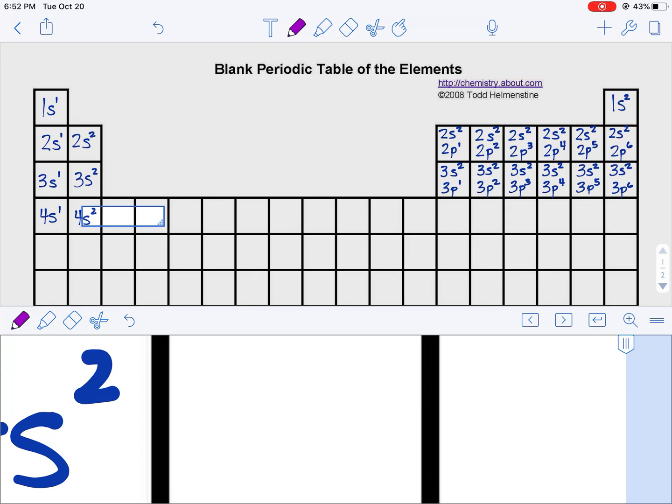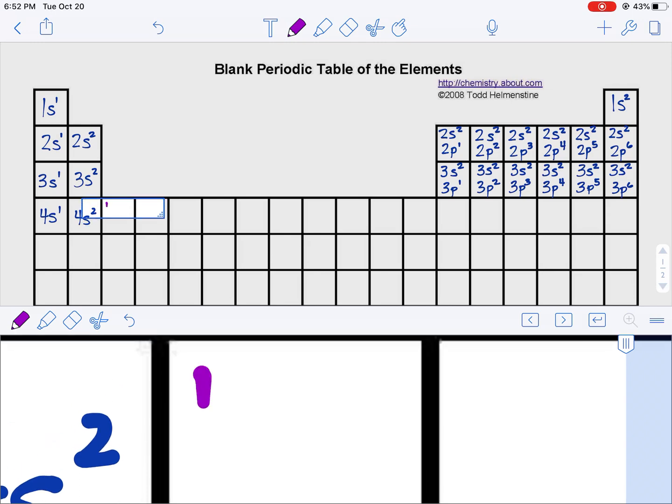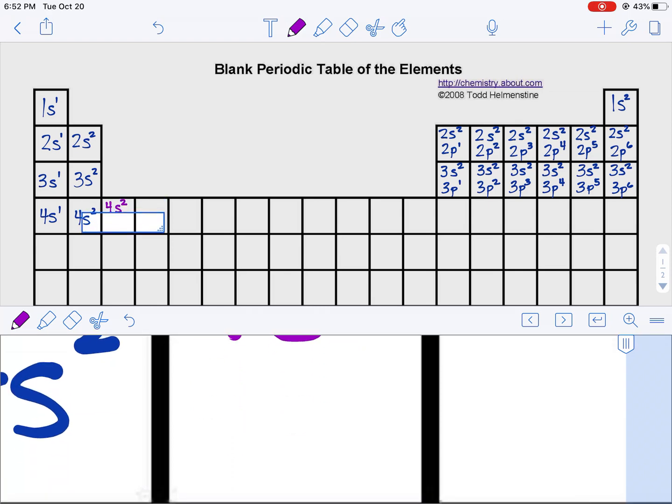Here we are at element number 21. We know that that 21st electron is going to go into the 3d orbital. The way I'd like for us to write it is to recognize that 4s2 technically is our valence shell. It's our highest or outermost energy level.